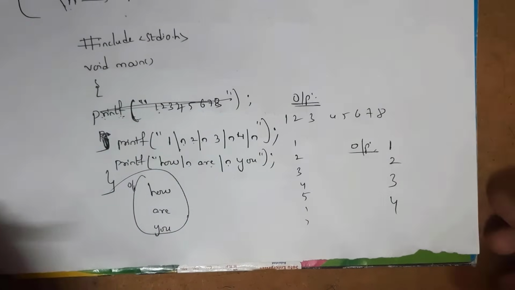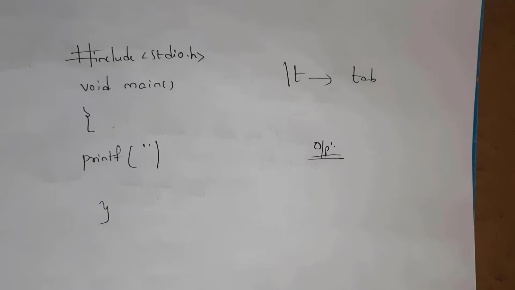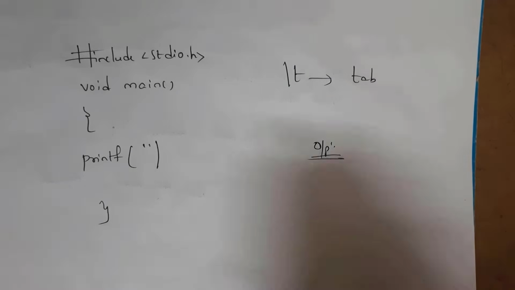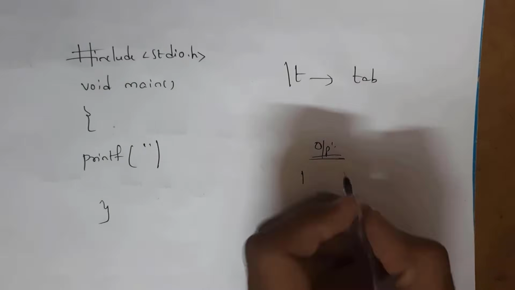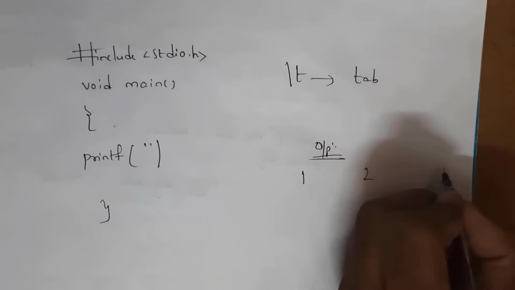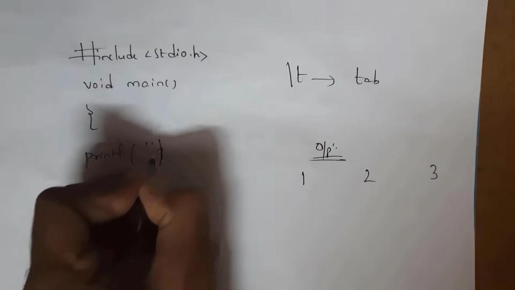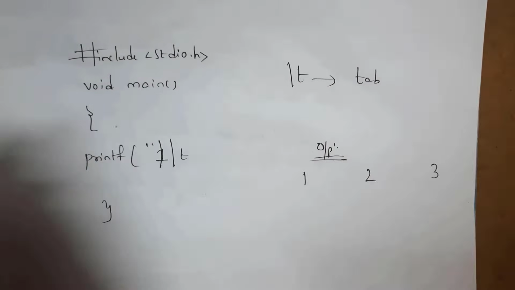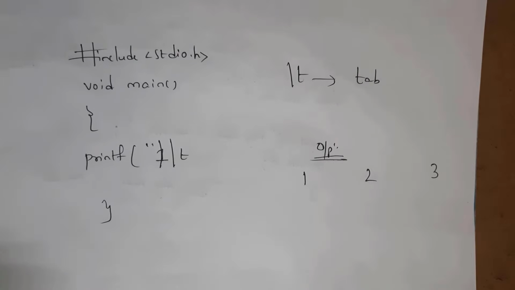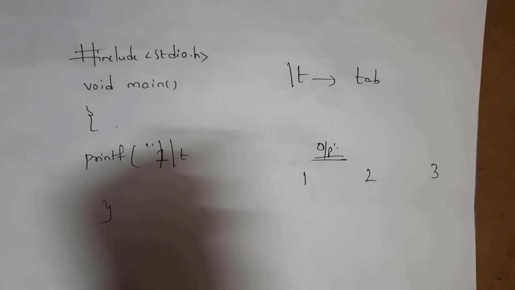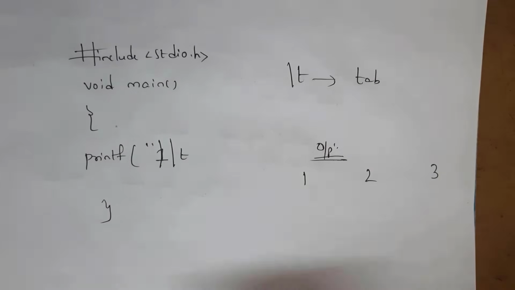Next I will explain the use of \t, where \t stands for horizontal tab. For example, I want to print output like this one. After some gap I need to get 2, and after some gap I need to get 3. Here at first I am writing 1 \t, where \t stands for horizontal tab. Whenever you click on tab, however much space you get, that much space you will get by using \t.